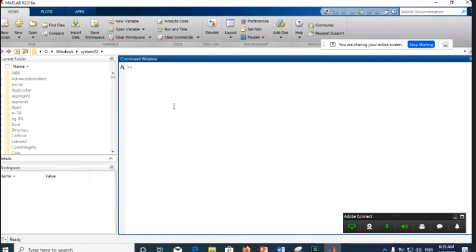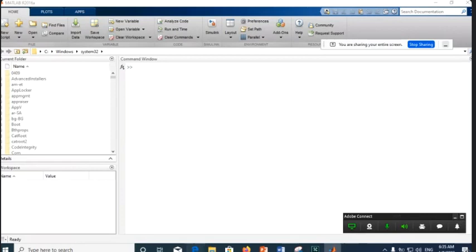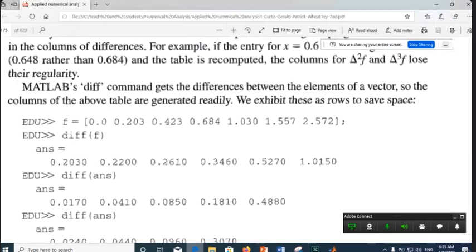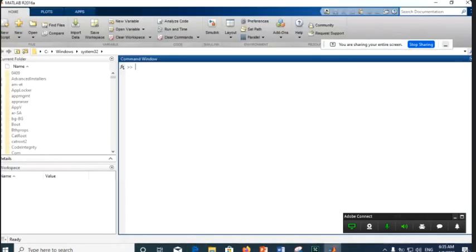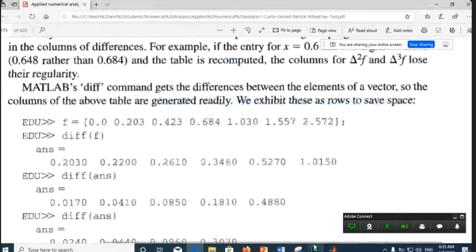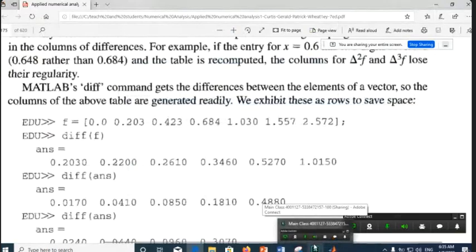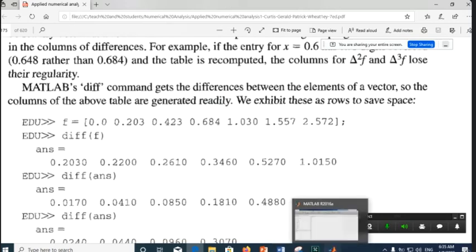But MATLAB is more used today, and you need to be familiar with one of these software packages, maybe MATLAB or Python, not just MATLAB. One of them is quite needed.